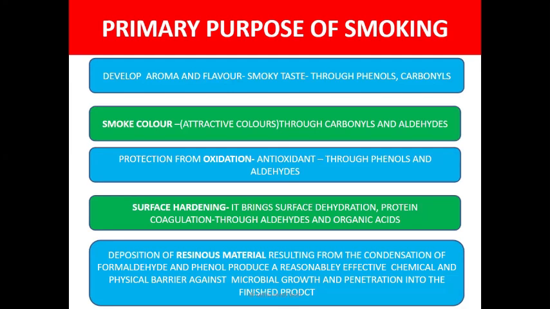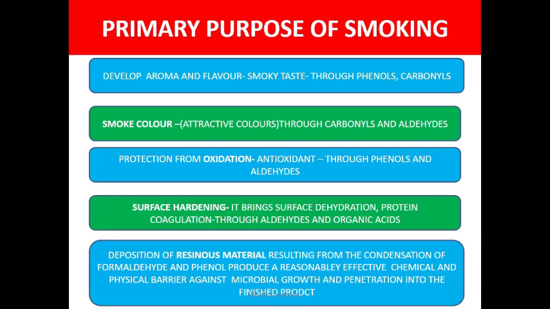That is what you call the skin being formed. Then there is deposition of resinous material resulting from the condensation of formaldehyde and phenol. So formaldehyde and phenols form a resinous matter on the surface. This acts as a physical barrier as well as a chemical barrier against microbial growth. It prevents the penetration of microbes into the finished product.